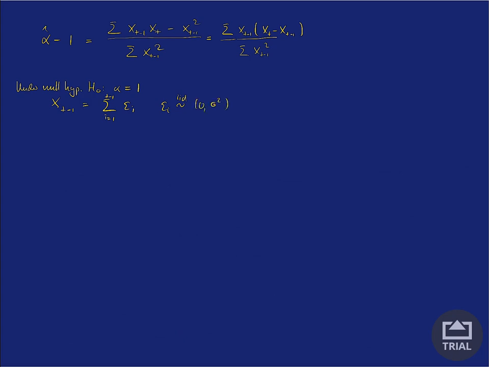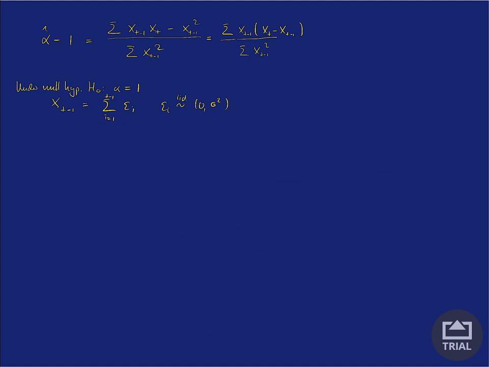So this implies that here for this xt minus 1 we can, after proper standardization, apply the functional central limit theorem to show that this sum here converges to a Brownian motion.